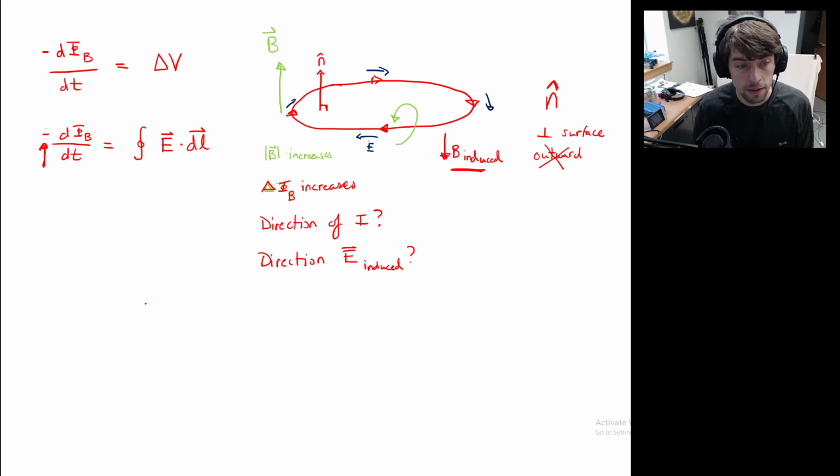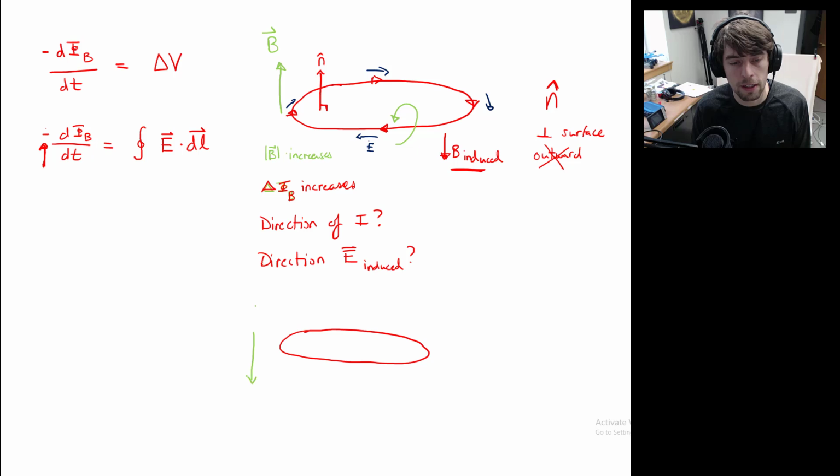Go ahead. See if you can produce the argument. Think about if you have a loop of wire and you have a magnetic field. We'll say this time, let's make life interesting, let's call it the external magnetic field is pointing down and the magnitude of that magnetic field is decreasing.